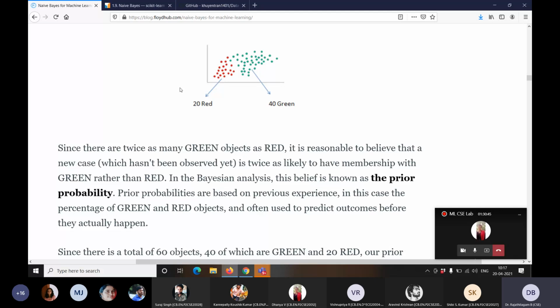So according to prior probability, or prior experience, what has already happened is 40 green points and 20 red points. This is your experience, and from this, the belief, your understanding, is called your prior probability.